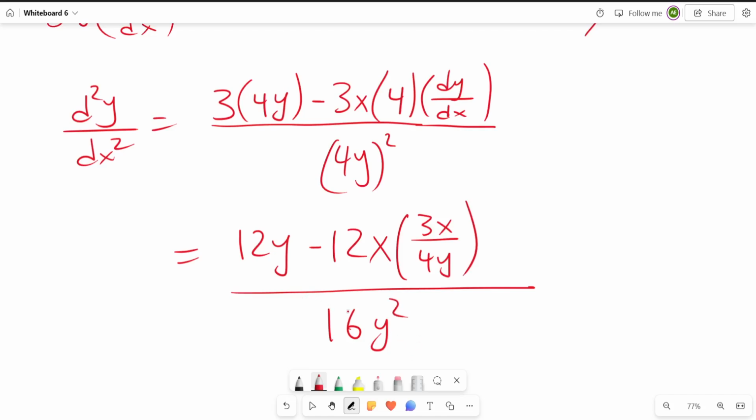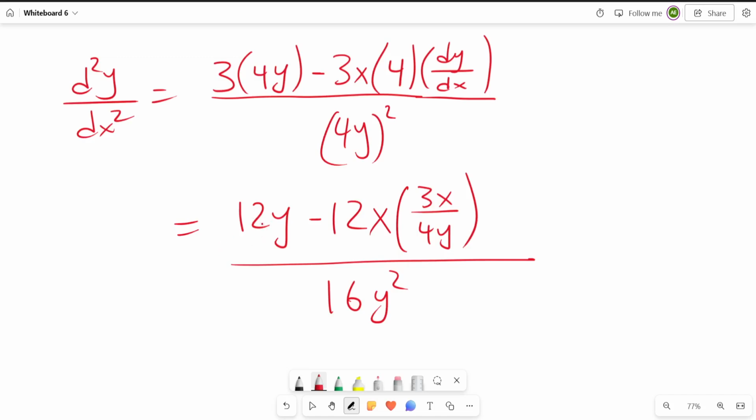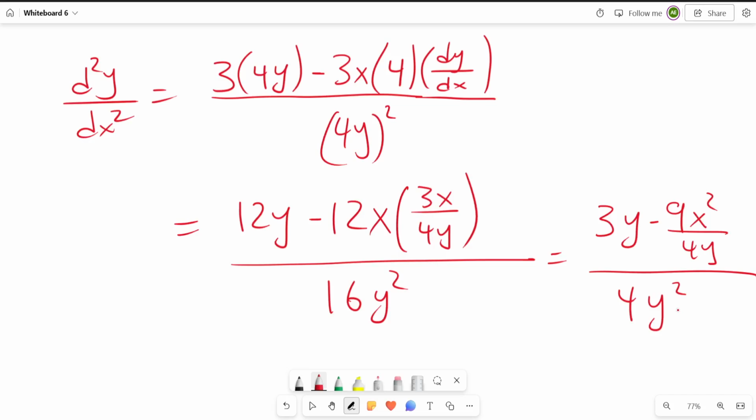So over here I can straight away divide 4 from everything, so it's going to be 3y minus 3 and then x. This is going to be 3 multiplying 3, so it's going to be 9, because 12 divided by 4 is 3, multiplying 3 is going to be 9, then x times x is x squared over 4y, and all of this is over 16 divided by 4, which is 4y squared.